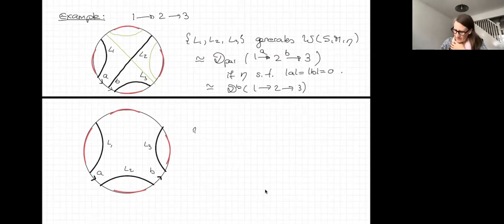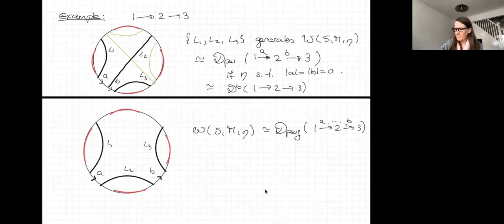And then here we get that if we fix some line field, this is derived equivalent to this category here, where we again have some grading on the arrows A and B. And of course we know that for the right gradings, if we have the same line field, we get good gradings.